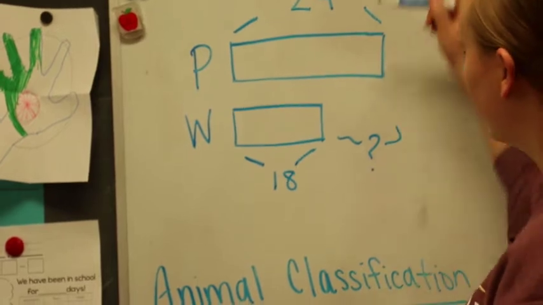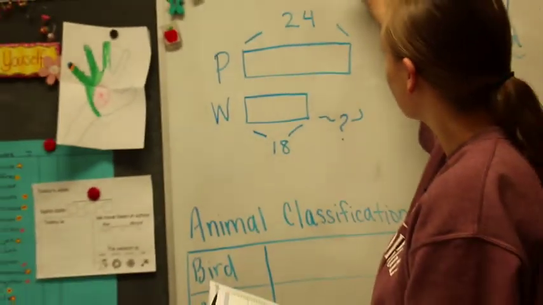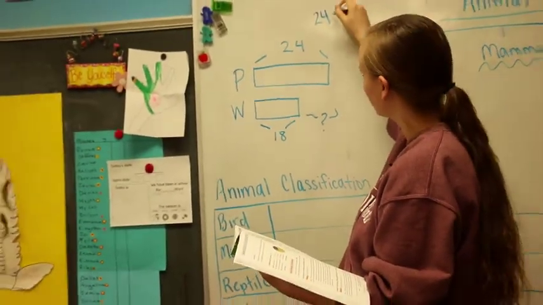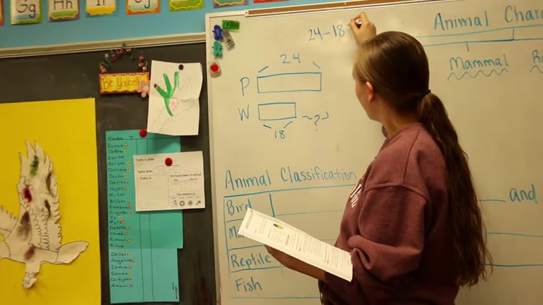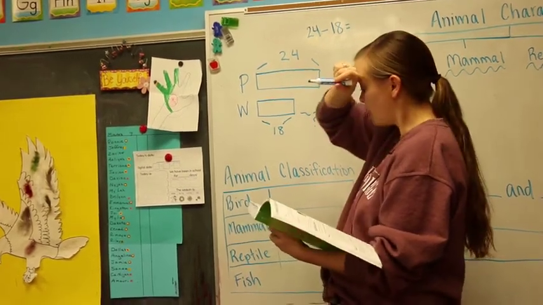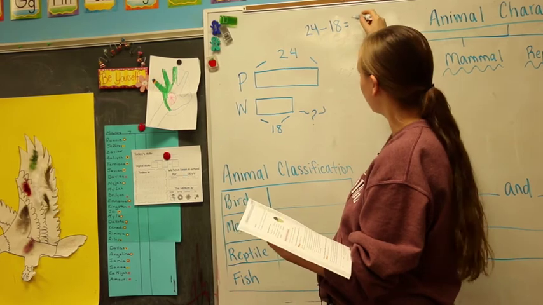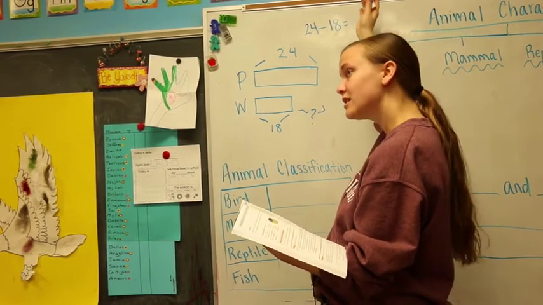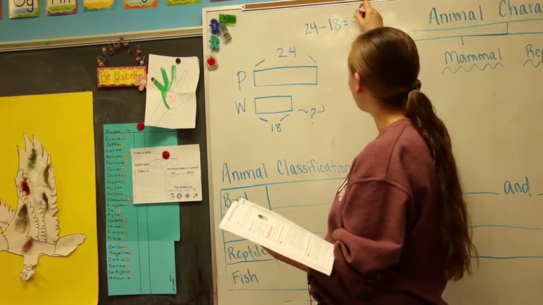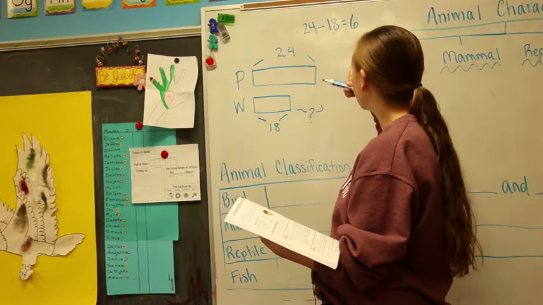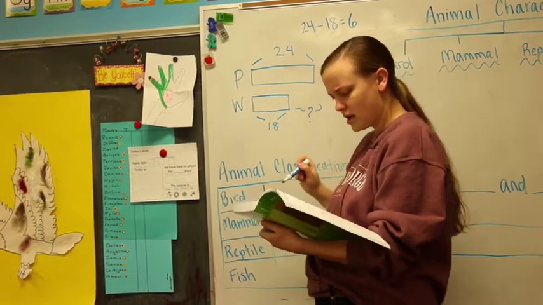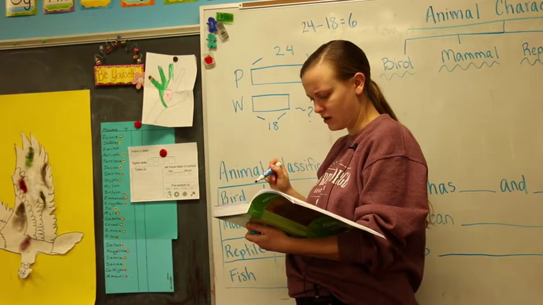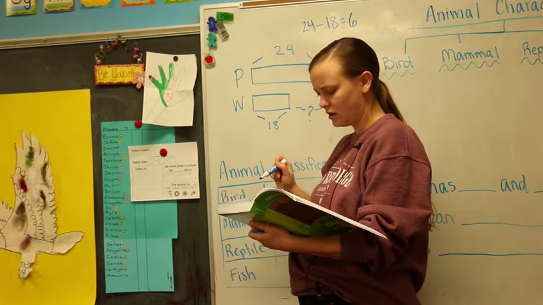So we have 24 penguins, and we need to subtract the whales to figure out how many more penguins we have than whales. So 24 minus 18 is, you can pause and try and solve, 6. And I think that's all that they wanted you to do on that.